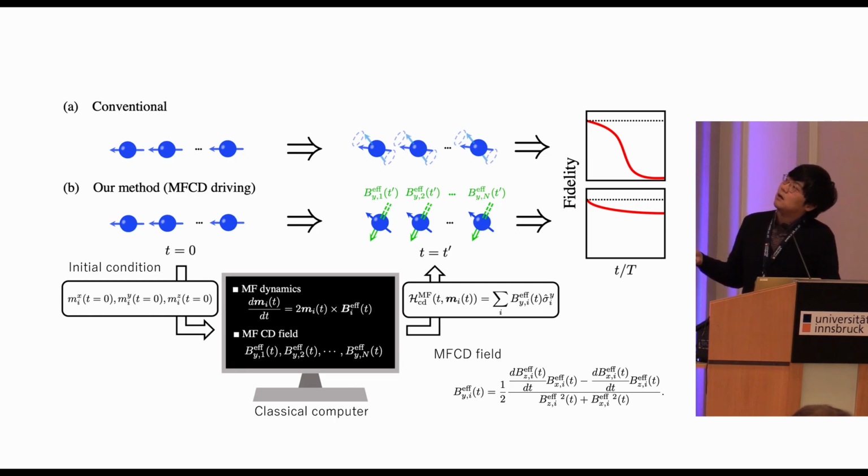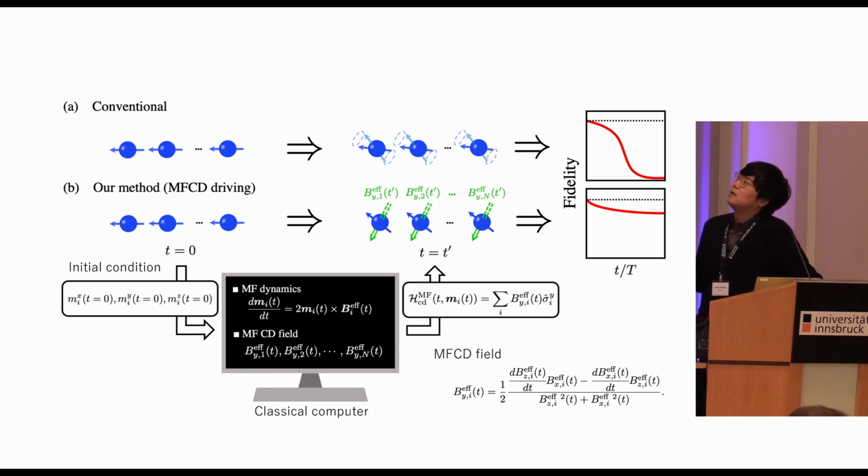On the other hand, in our method, we use the configuration of magnetization as the initial condition for this differential equation. If we get the solution of magnetization, we can also calculate the effective magnetic field.